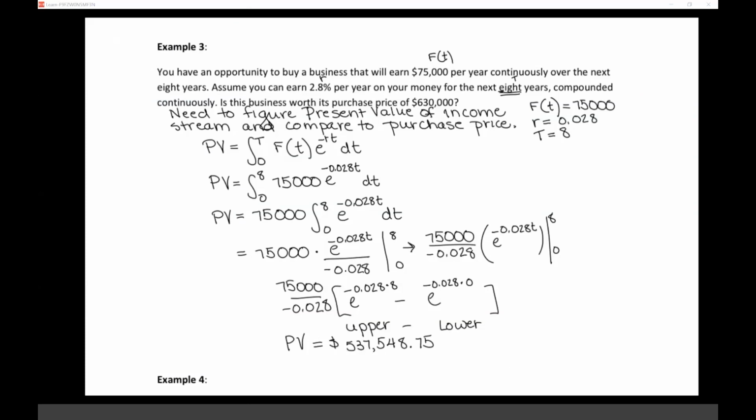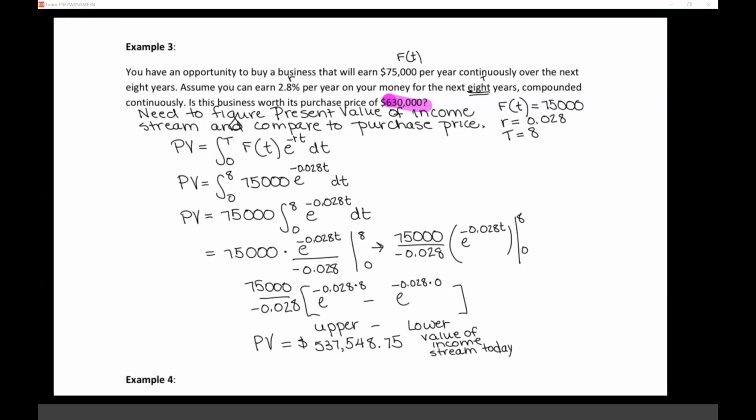And here's what they want you to pay them to buy the business. What do you think? Anybody have any ideas? You can just type a yes or a no in the chat. Should you buy? These are the two numbers you're comparing.